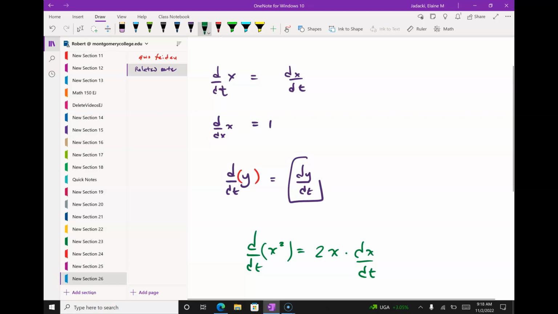But then I still have to take care of the inside function with respect to t. So we would usually say x prime, but we're going to use dx/dt. It's just this new notation. It's not really new, but that's right. This is why this part is a little bit confusing, but you'll get used to it as you practice.